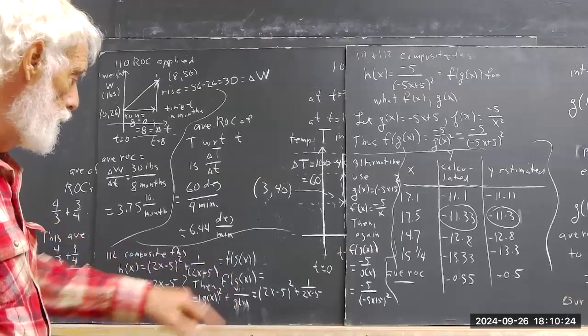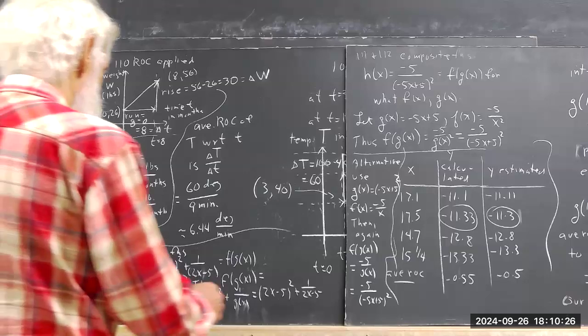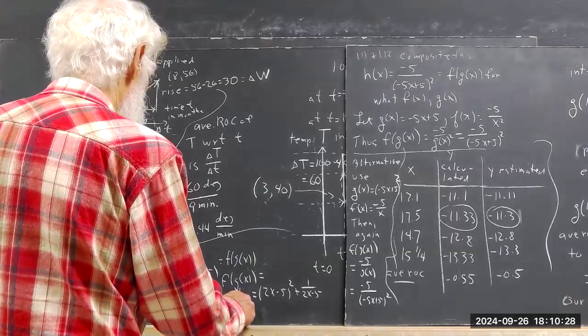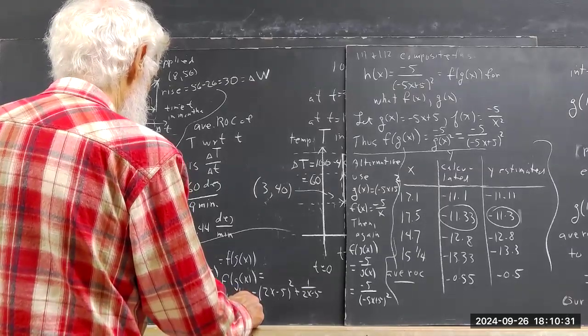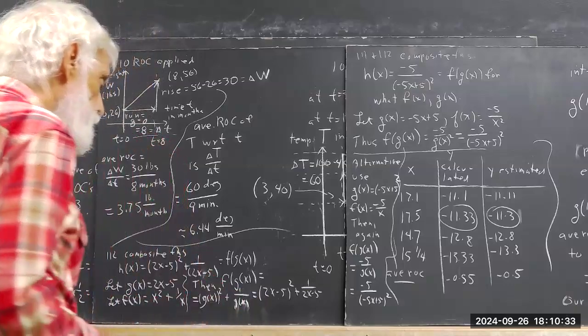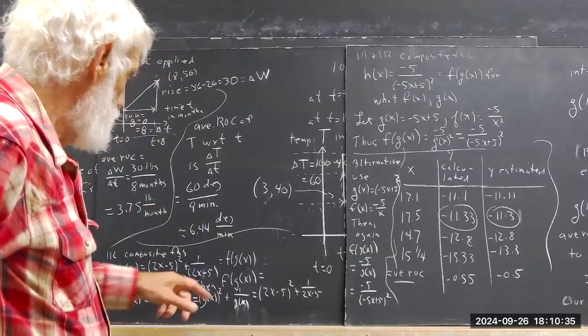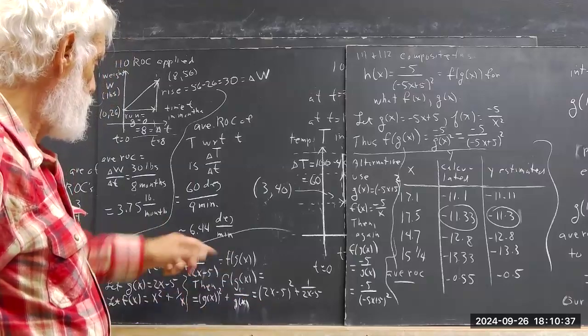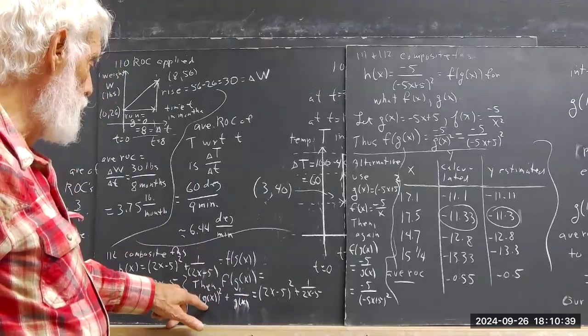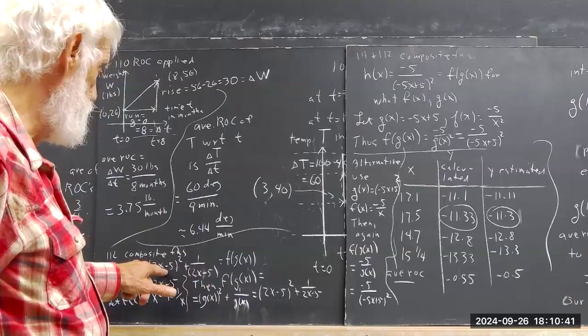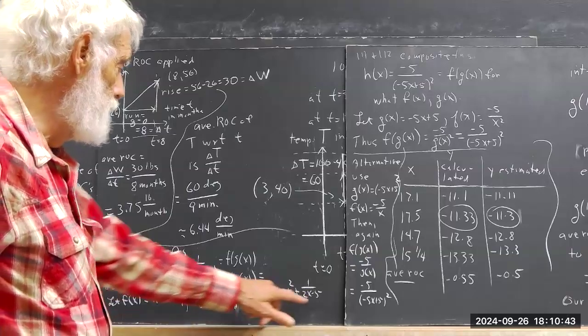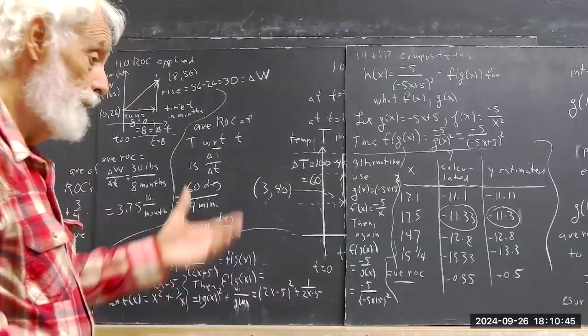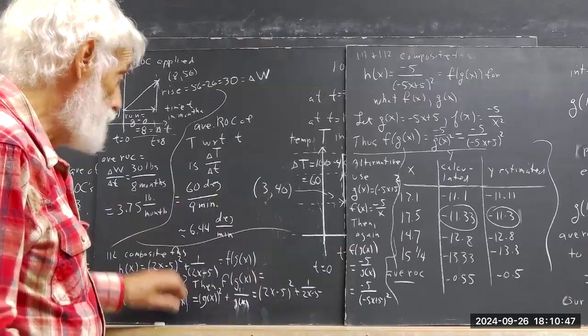Replace it here, you get 1 over g of x. And then, since g of x equals 2x minus 5, this gives you this, which matches this. And this gives you this, which matches this. There it is. Now that's tricky.